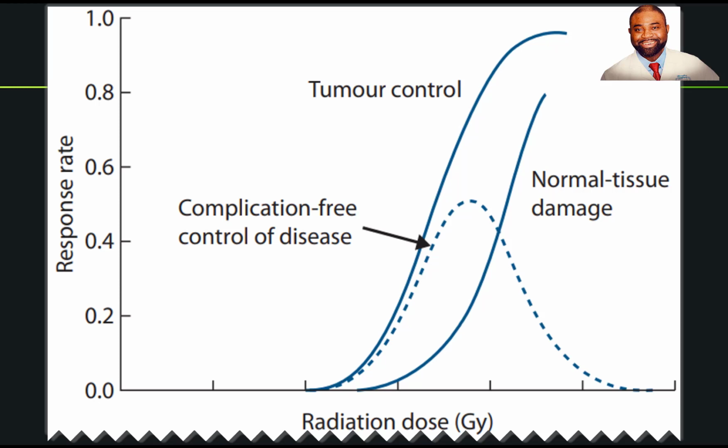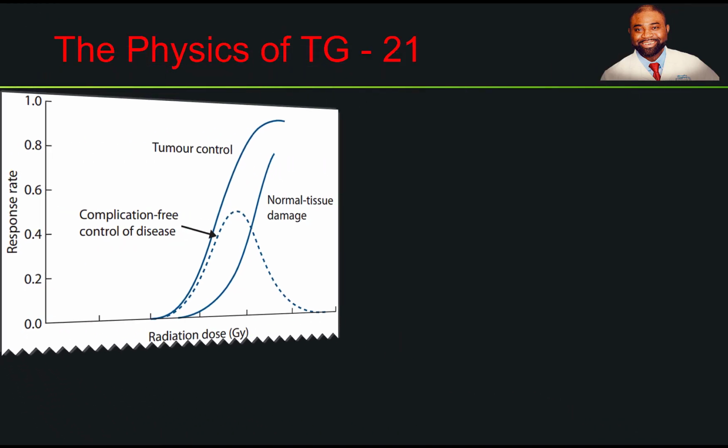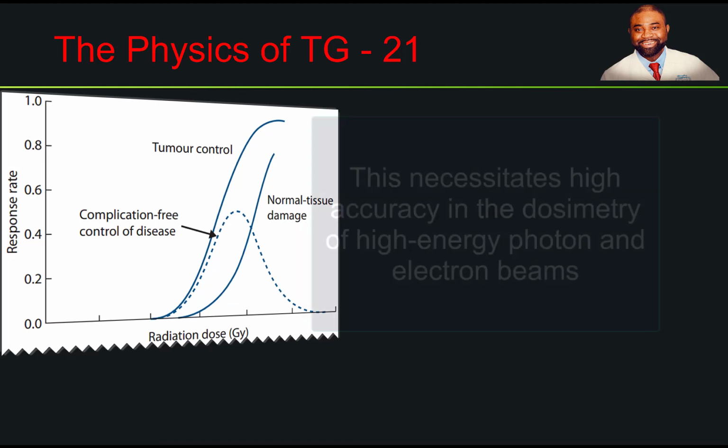In order for us to ensure that we maximize the tumor control probability and minimize the normal tissue complication probabilities, we need to make sure that the dose delivered to the target is within 5% of the planned or prescribed dose.